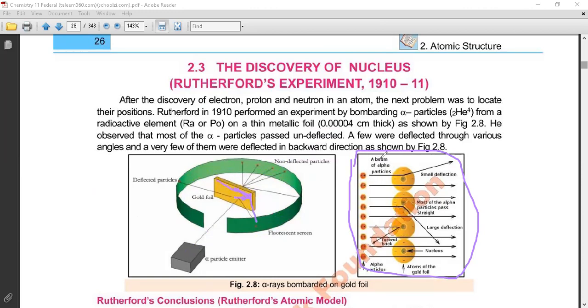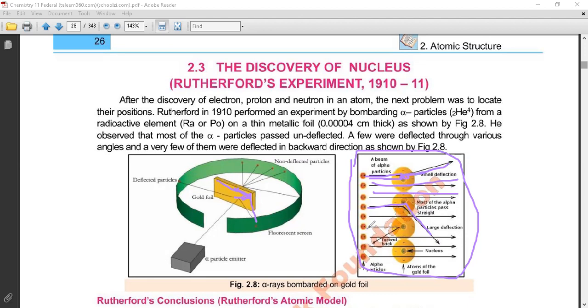A beam of alpha particles that passed near the nucleus was deflected at a smaller angle, and almost all passed straight through.